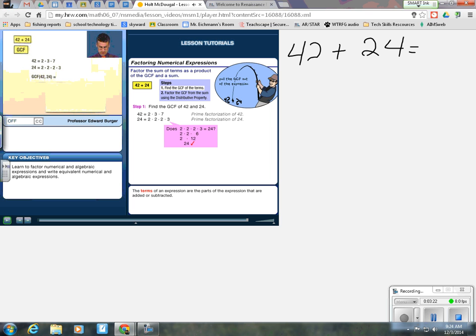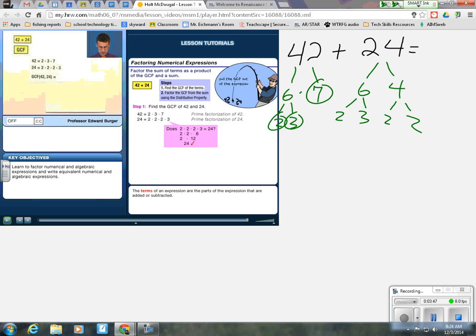So all he's done so far is he's done the factor trees like we did for today. He did this factor tree, and he did 42, and he did 6 times 7, and then 2 and 3, and then for 24, 6 and 4, 2 and 3, 2 and 2.